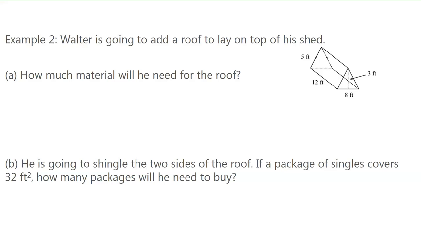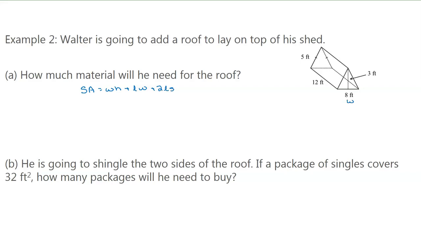So now let's use that formula in example 2. It says Walter's going to add a roof to lay on top of his shed. It's in the shape of a triangular prism. Now how much material will he need? So let's write out the formula. WH plus LW plus 2LS.